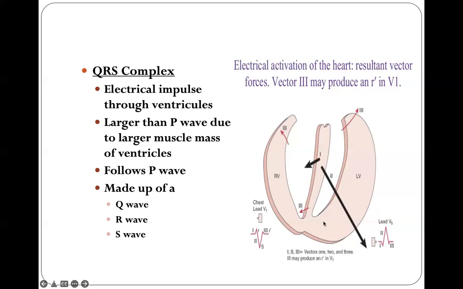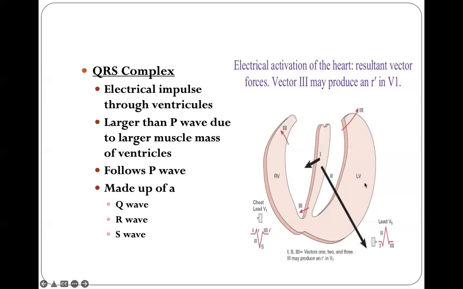Then depolarization of the ventricle occurs, producing the second wave. Here it goes away from V1, so it produces a negative wave, which is a large S, but it goes towards V5, so it produces a large positive wave, which is the R wave.